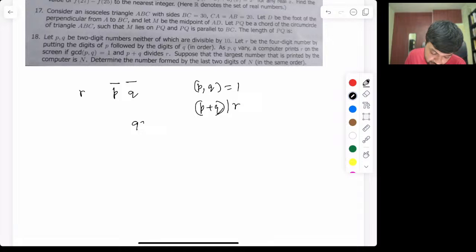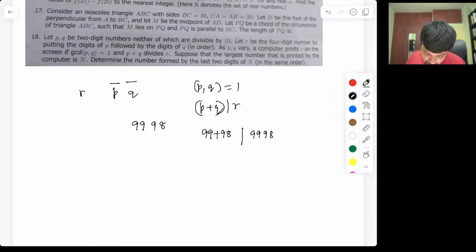So if you take 99 and 98, what would happen? To make it the largest it will be 99, 98. But the problem, I guess, is most likely 99 plus 98 won't divide the 4-digit number. R is the 4-digit number, right? Yeah, which is 9998. Oh, I see.